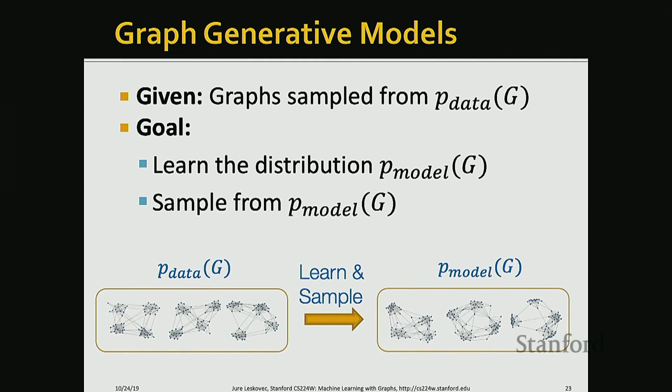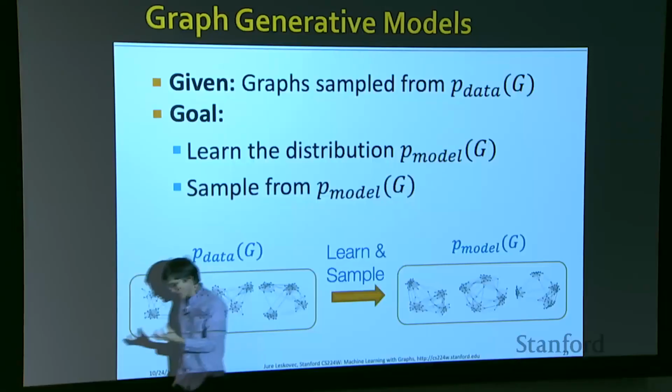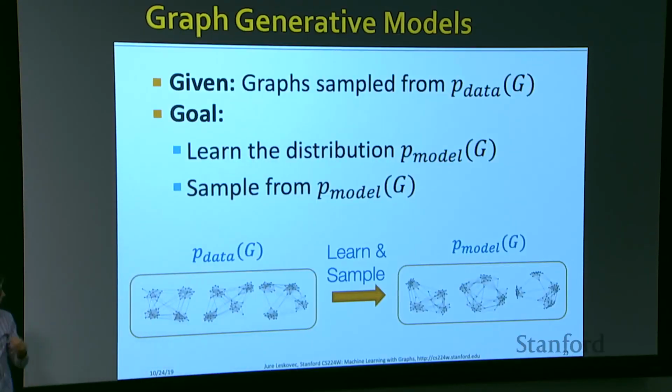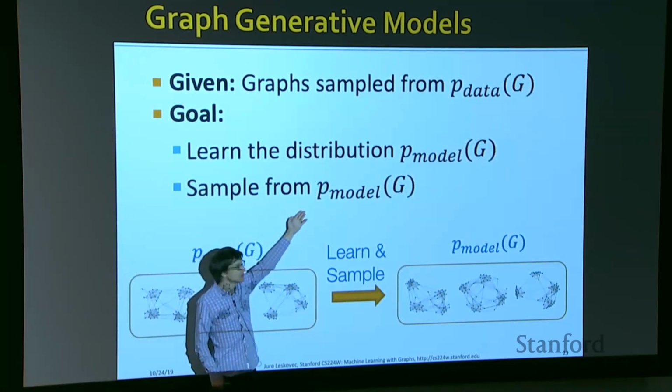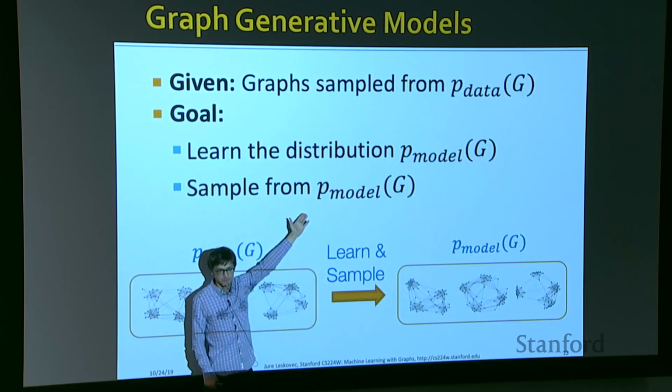And my goal would be, right, that I'd like to capture this distribution of graphs that I see. So I would like to use this probability distribution that is generating me the data, and I would like to mimic it using my model, right? So that once I have this probability distribution mimicked by the model, I'm able to learn the distribution, and I need to be able to draw samples from it, right?